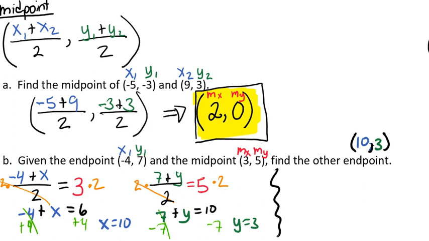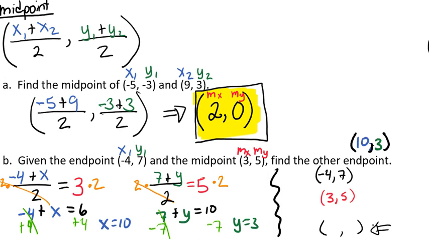Now another way to do it is a little more visual. So I'm going to take my first endpoint, (-4, 7), and then my midpoint, which is (3, 5), and I need to know this other endpoint. This is what we want right here.